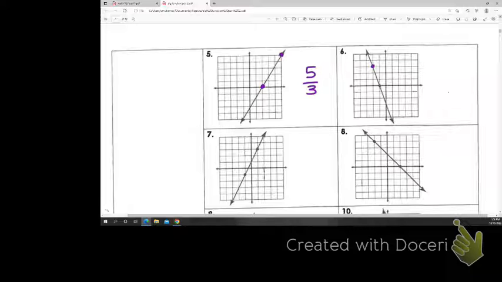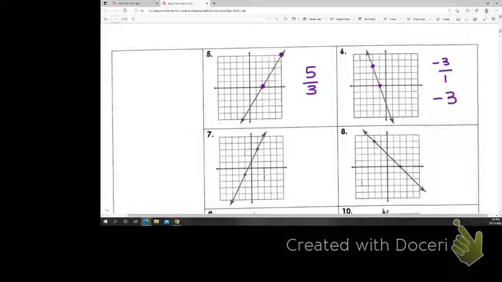And number 6. So here are my 2 dots. So my rise, from left to right, it's going down 3 and over 1. So I could say negative 3 over 1, or I could simply say negative 3.